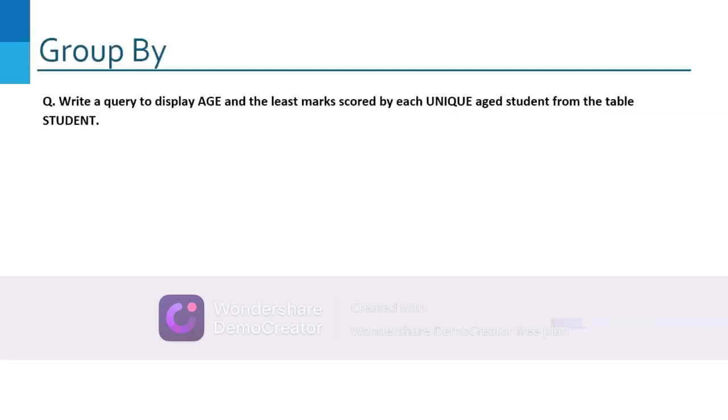I'll group the 20 age students in one group, the 21 age students in one group, and the single 22 age student in one group. And now in all these groups, I'll check which particular student has the least marks. In the first group, where the students are of age 20, I'll check both of them to see who has the least score. Something like that will happen.